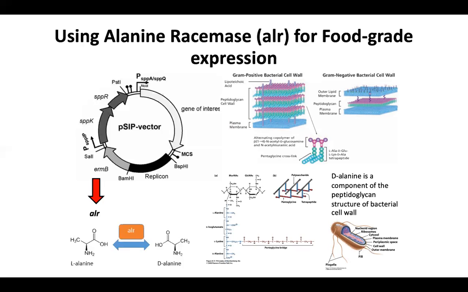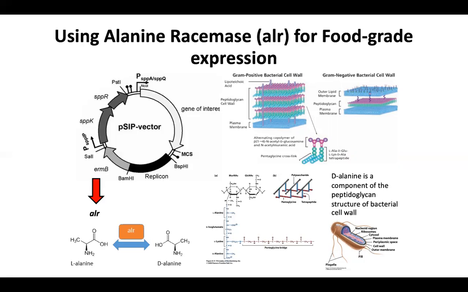And the way the bacteria do that, they have an enzyme, alanine racemase, to convert from L to D. And as I show in this picture, D-alanine is required to form the complex structure of the cell wall for both gram-positive and gram-negative bacteria. So you see, it's written here, D-alanine is a component of the peptidoglycan, which is a structure of the bacterial cell wall. So if the cell doesn't have it, the cell will die.